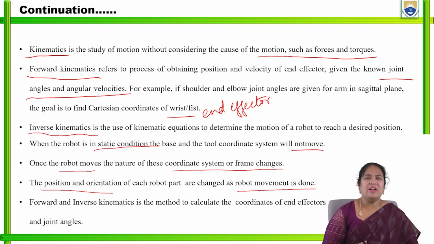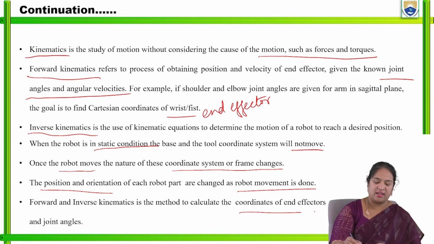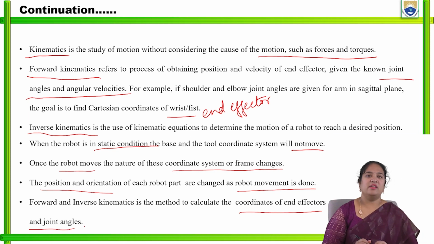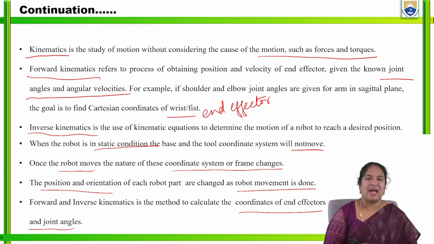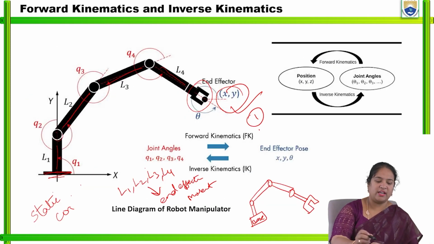So, the forward and inverse kinematics are the methods to calculate the coordinates of the end effector and the joint angles. Clear? With the help of the forward kinematics, we will find out the end effector position.